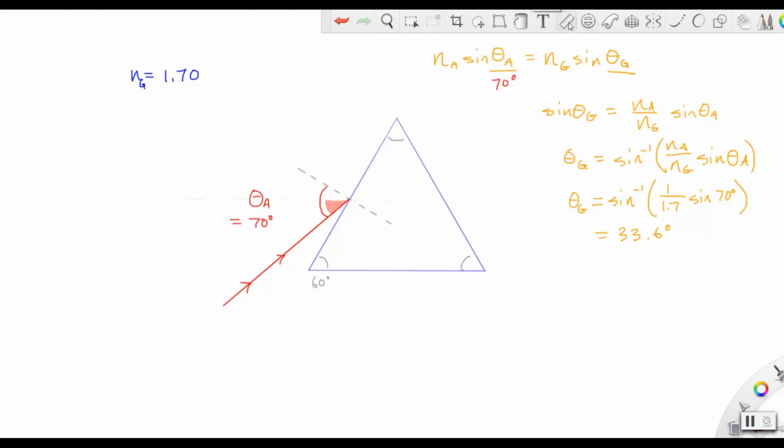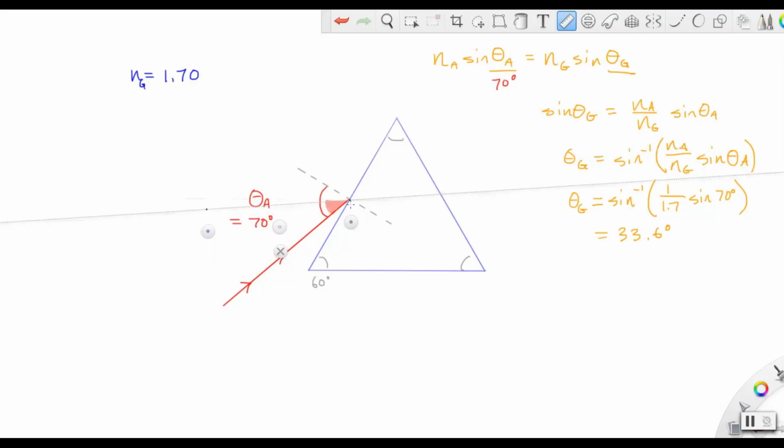So let's go ahead and put our ruler up, and remember that we have a horizontal here. We're interested in the normal, which is at 30 degrees, and the angle with respect to the normal is going to be 33.6 degrees. Now keep in mind, what that means is that as this ray is heading in that direction, it is going to be redirected toward the normal, closer to the normal, right?